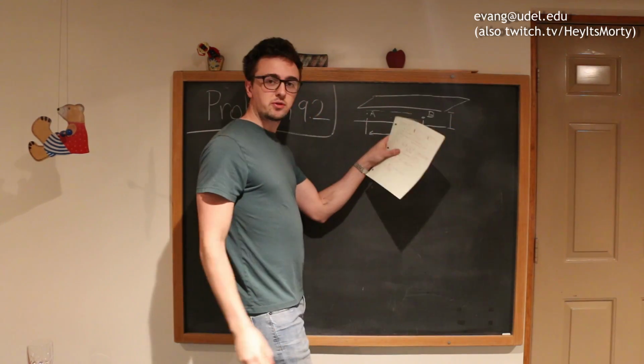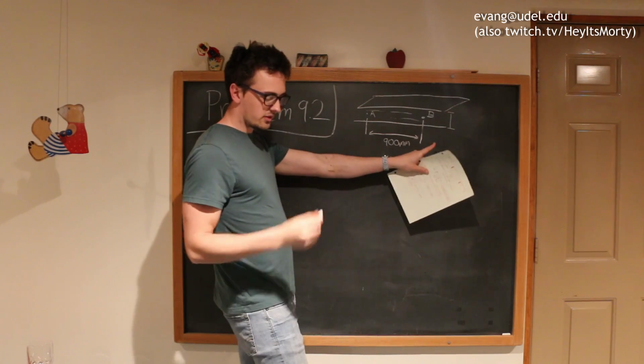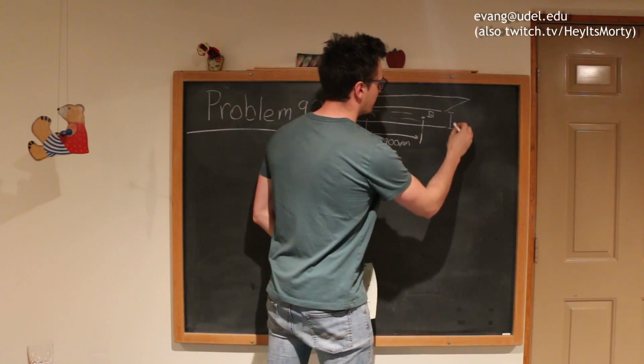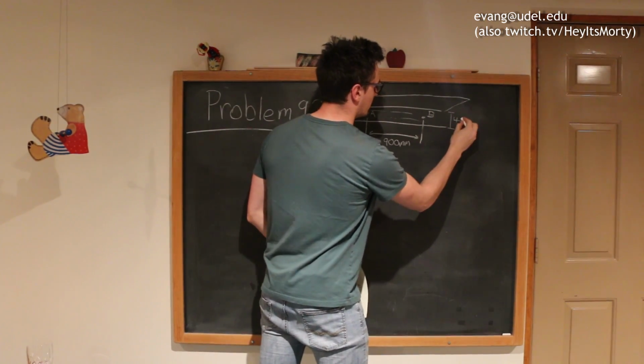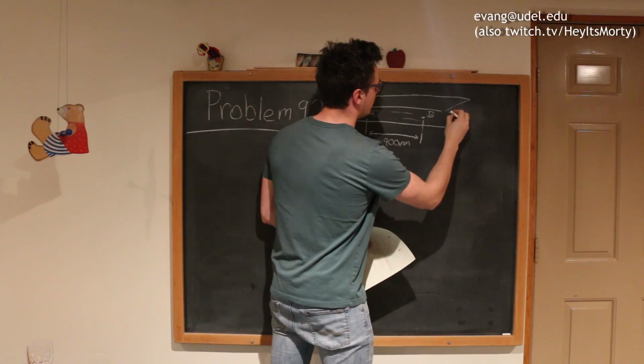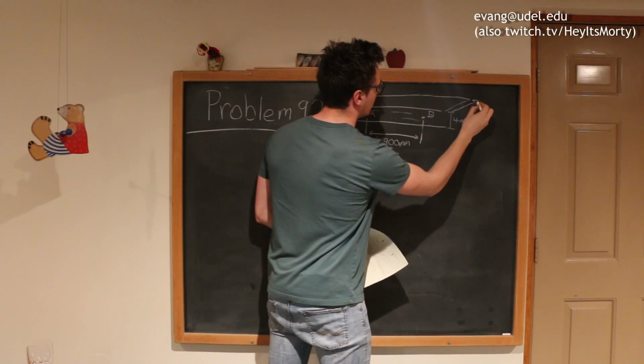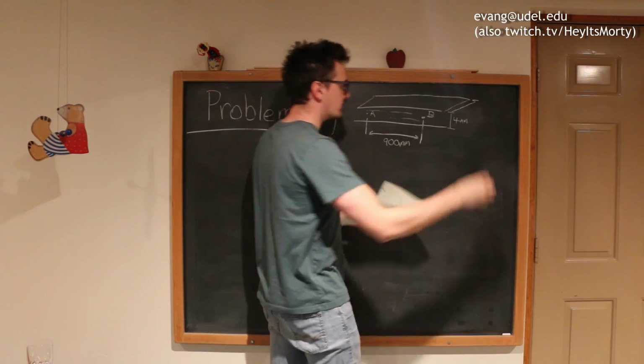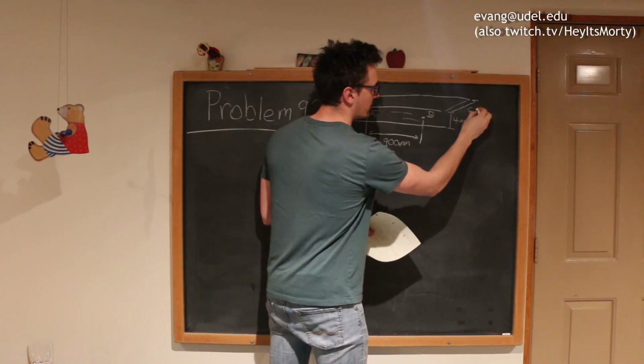The thickness between the two plates is 4 millimeters, and the width is 600 millimeters.